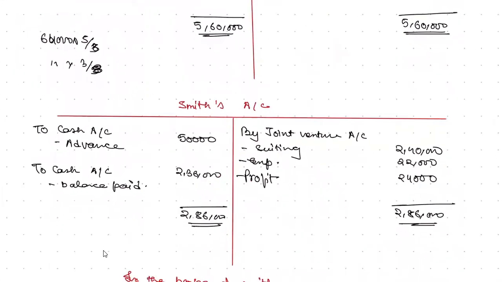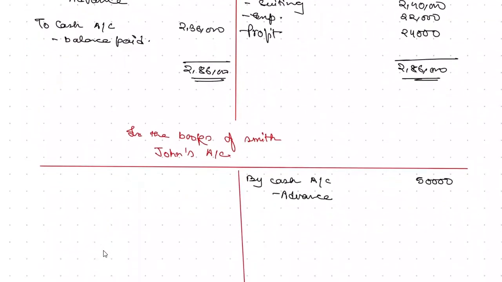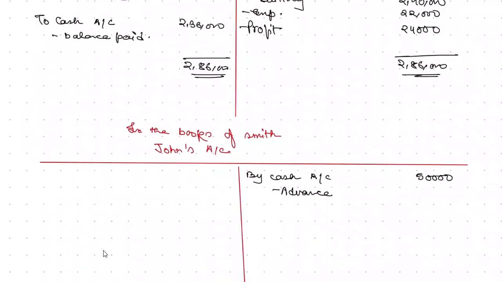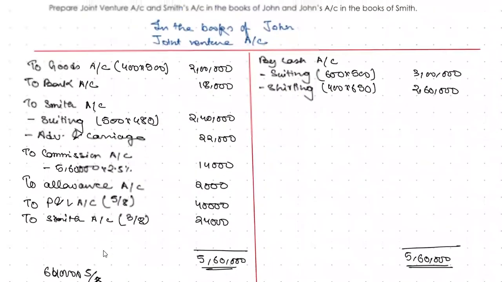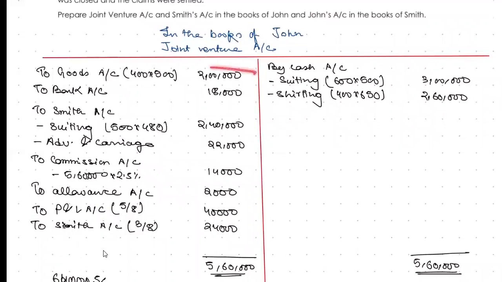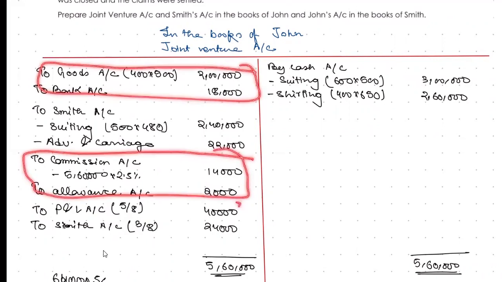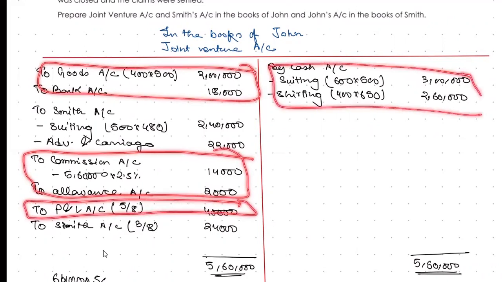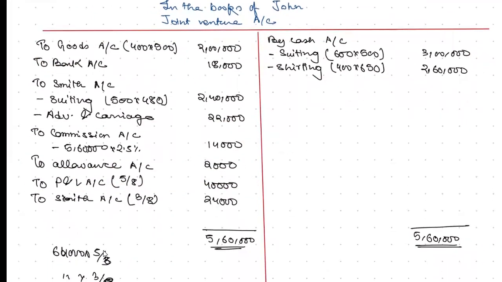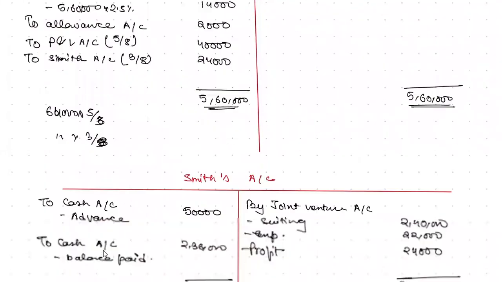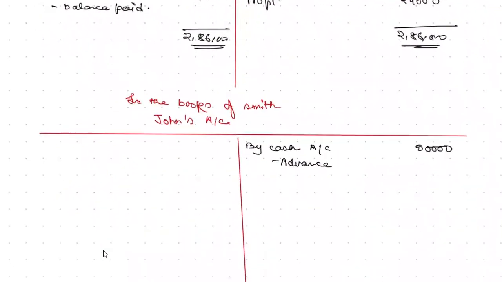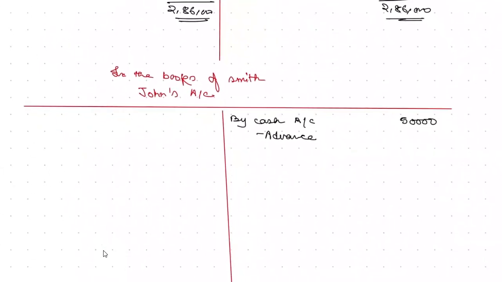Now, this is done. Now we go to Smith's books, John's account. All these entries that John has made will come over there. So at first it is goods, then bank. So I will directly go to by joint venture.